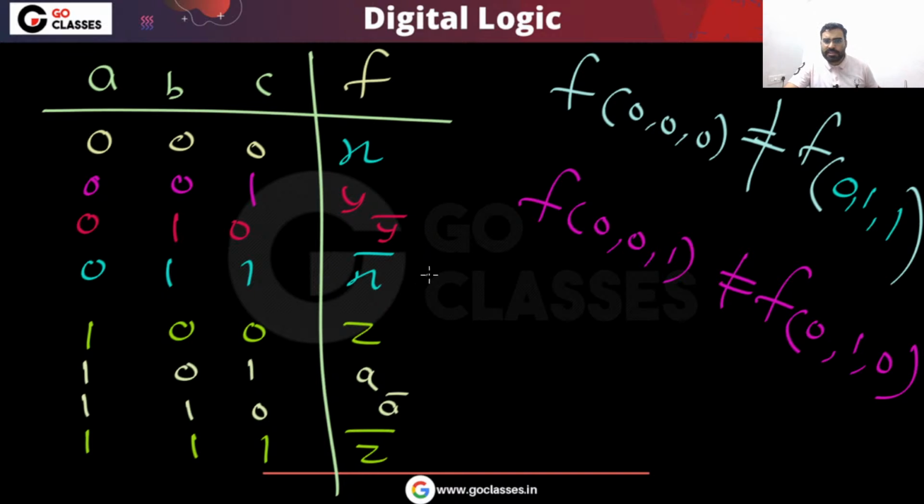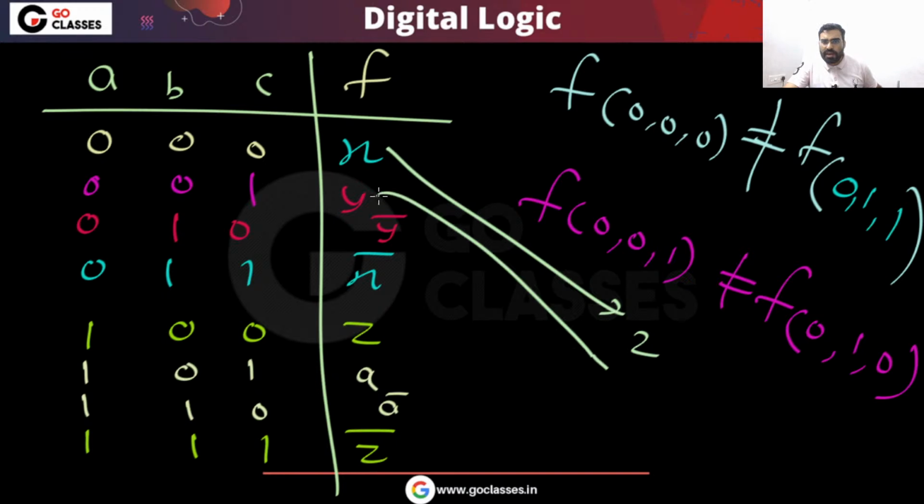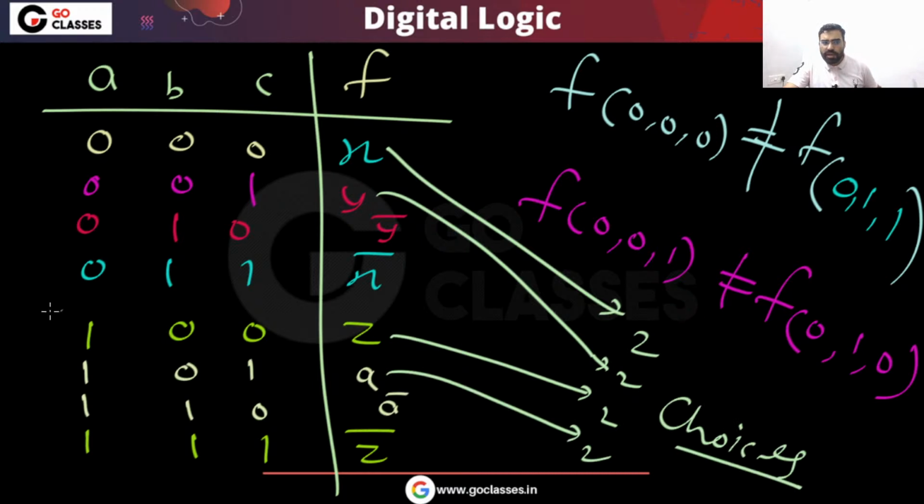So tell me how many functions are there. For x we have two choices, for y two choices, for z two choices, and for a two choices.